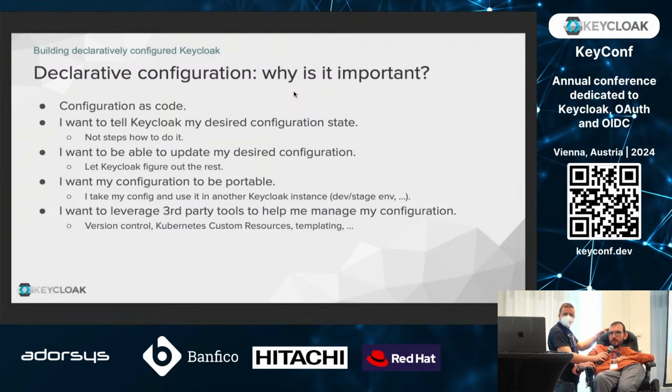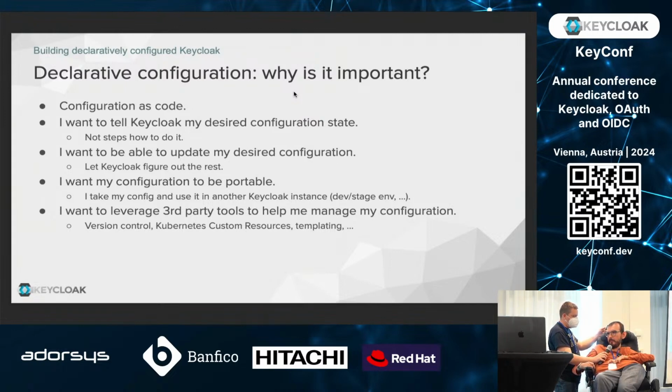So declarative configuration is configuration as code. That means there is a single source of truth with some desired state that I want my Keycloak to be, the desired state of the configuration of a realm.